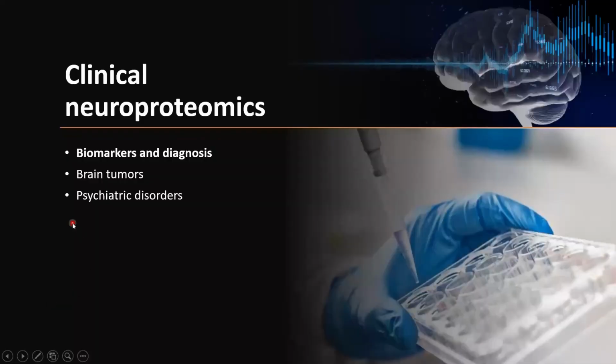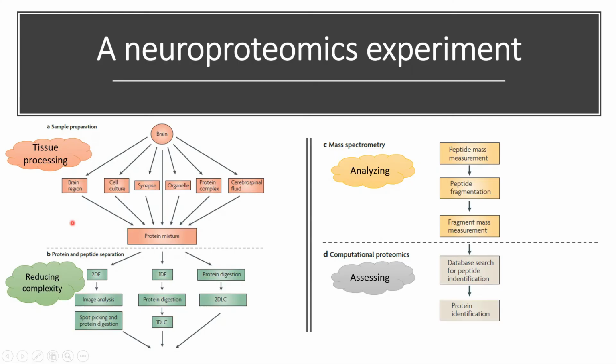Separation of proteins could be done through different technologies and methods. Like my friend has talked about earlier, we can use two-dimensional electrophoresis, then we can image our analysis and follow up with the next step, which is mass spectrometry.